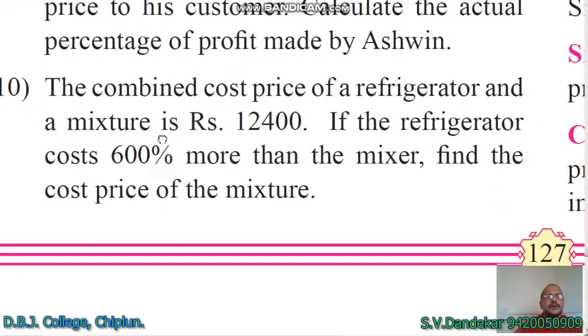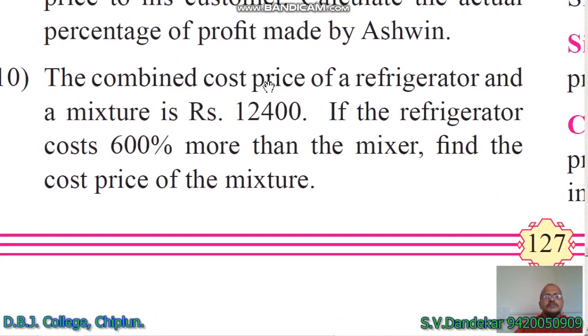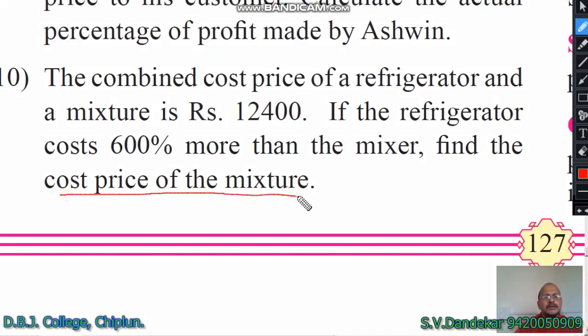The 10th problem. The combined CP of refrigerator and mixer is 12,400. If the refrigerator cost 600% more than the mixer, find the CP of the mixer. Suppose CP of the mixer is equal to x.